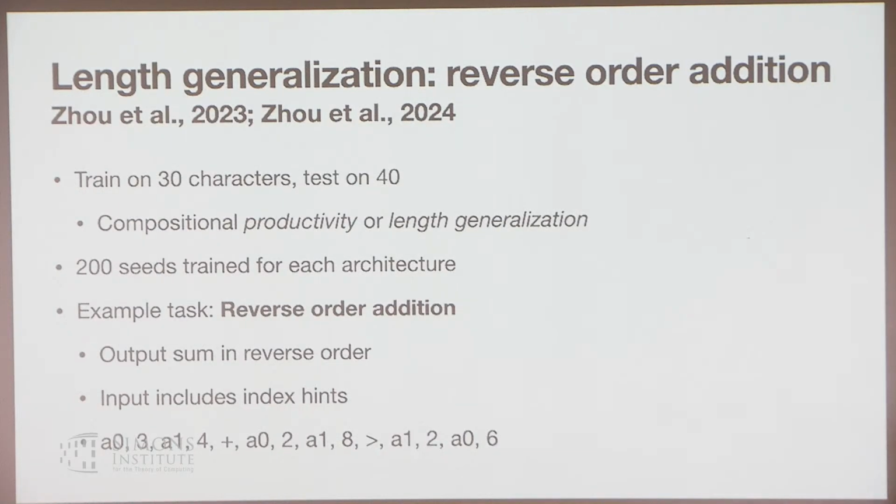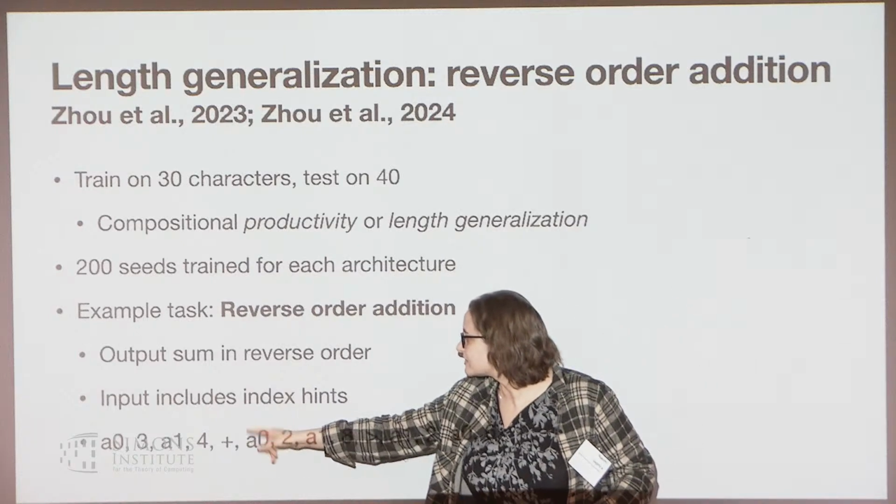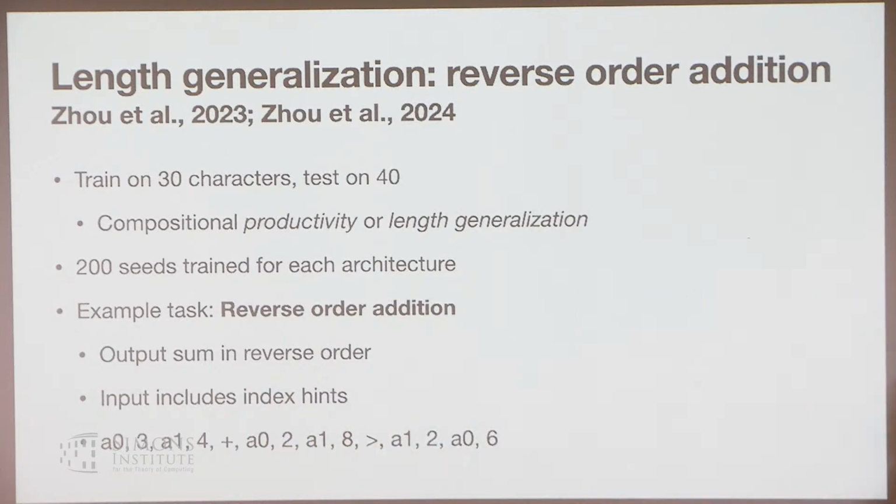I'm going to be talking specifically about length generalization, and specifically this setup that makes it a little easier, where you train on just 30 characters, you test on 40. It makes it a little easier if you give hints about what the index of each digit is, and also you let it produce the output in reverse order.